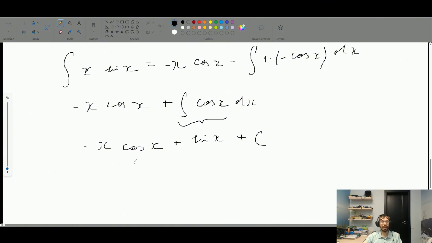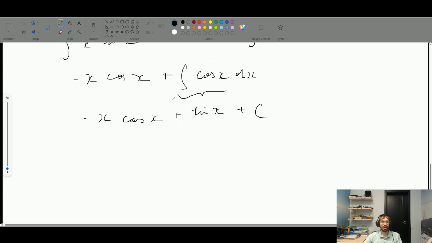And now let's check it. Let's differentiate back to see if we get what we started from. So (minus x cos x)' plus (sin x)' can be differentiated.